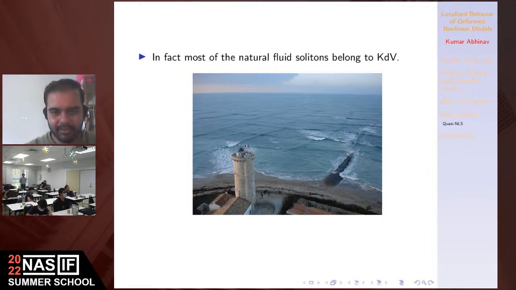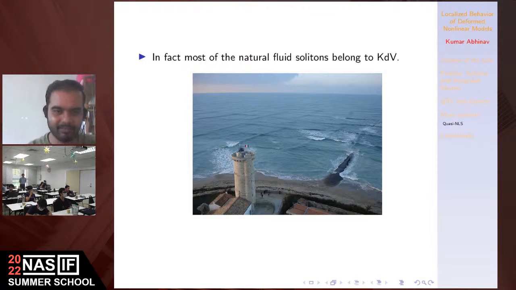So this is a real picture. These are solitons. All these lines, you can imagine them to be solitary waves, and they are overlapping with each other. Because this square pattern, this mosaic, maintains, that means they're stable. After collision, they don't change their shape. And atop that, there are some breaking waves also, you can see.